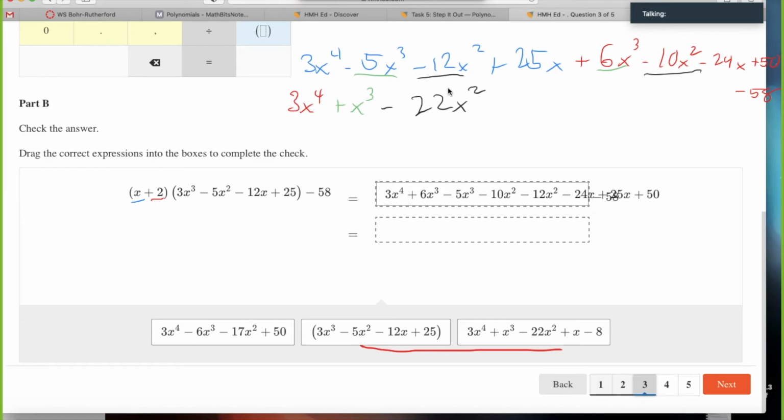Whew, running out of colors, man. 25x, 24x, so plus x. And then our 50 minus 58 is going to be minus 8.